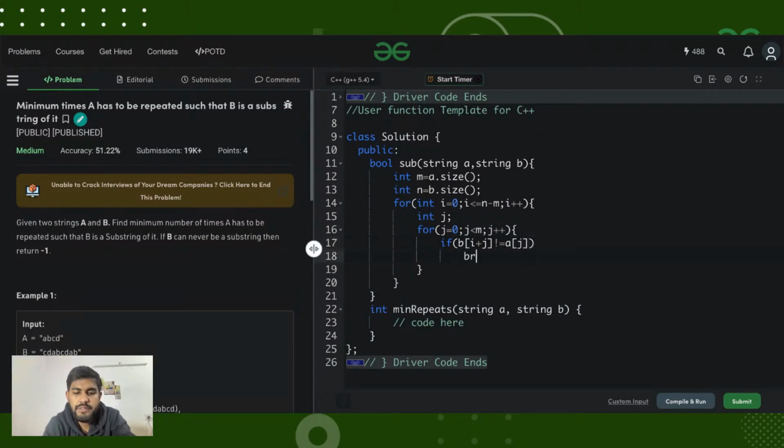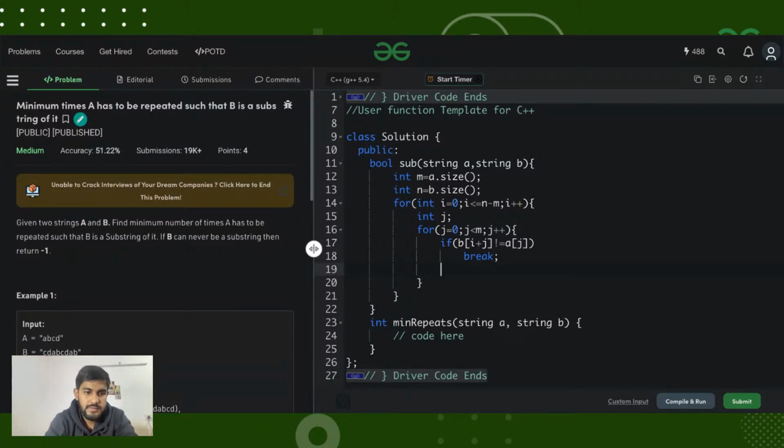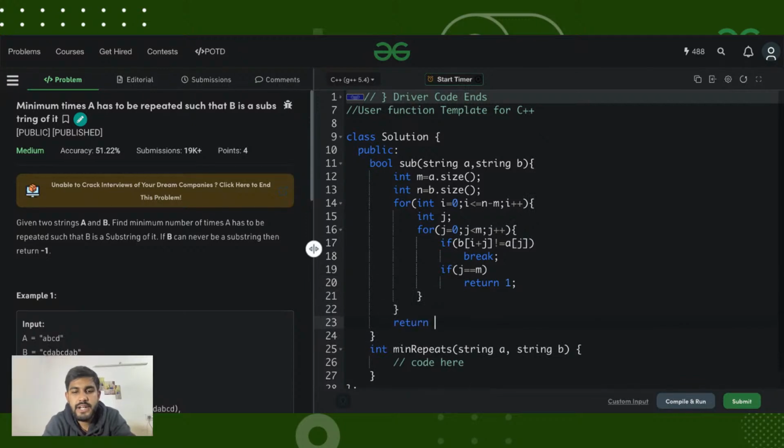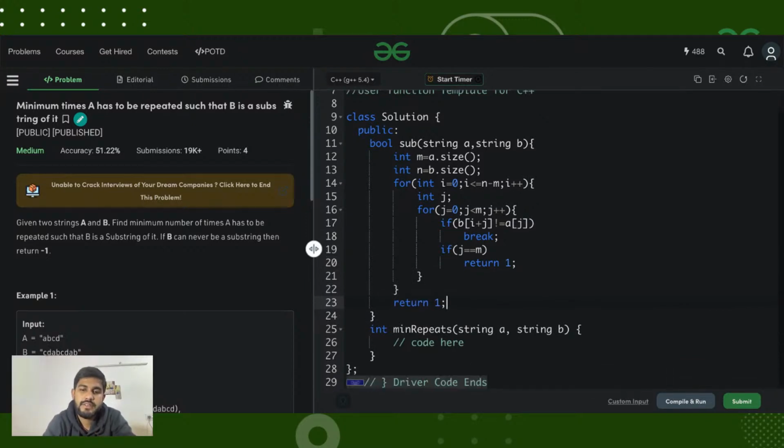If at any point it is not equal, then we would break, because at any point if it is not equal, then after breaking, if at any point j is equal to m, then we would return true. At the end, if we have reached the end, then we would return 0.